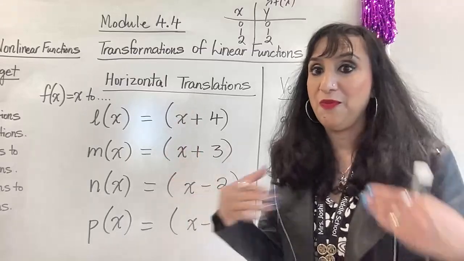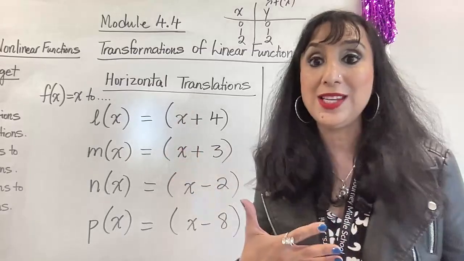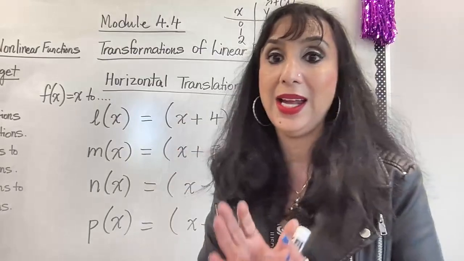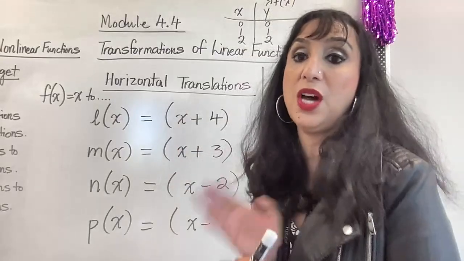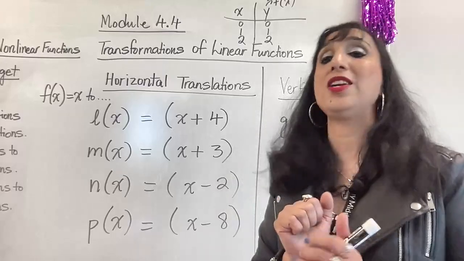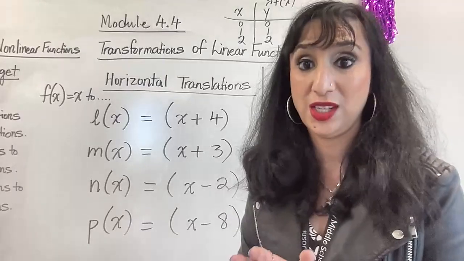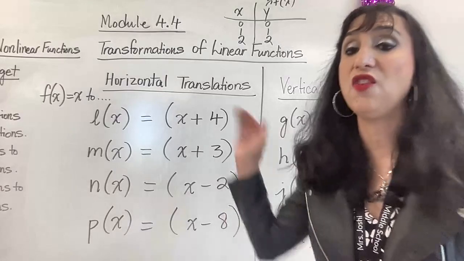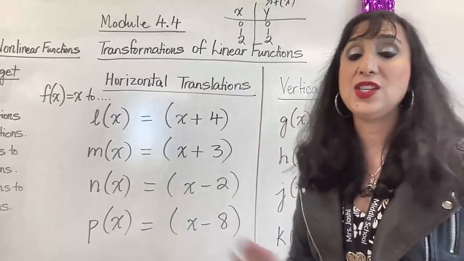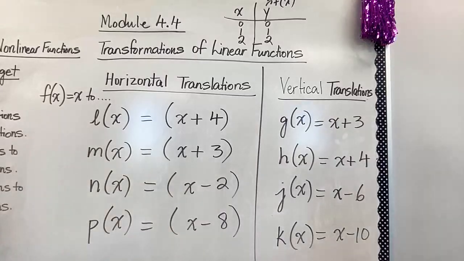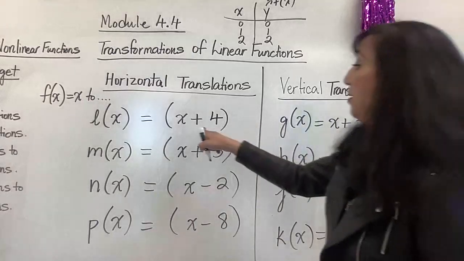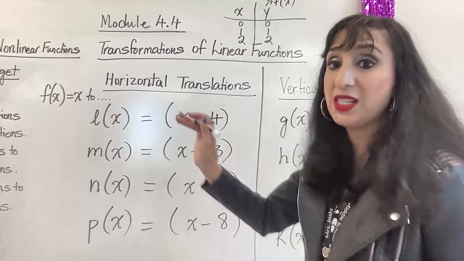I know when you're looking at plus, you are automatically thinking that this graph needs to move to the right. But not in horizontal translations. It's going to move in the reverse direction. And so if I'm seeing x plus 4, this graph is moving left. It goes in the opposite direction.